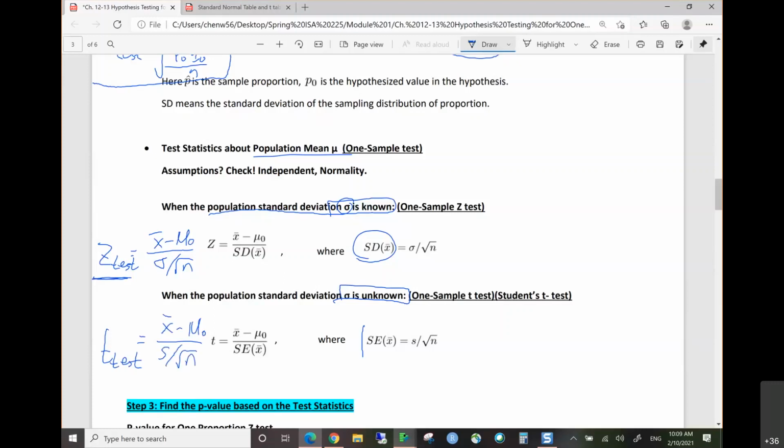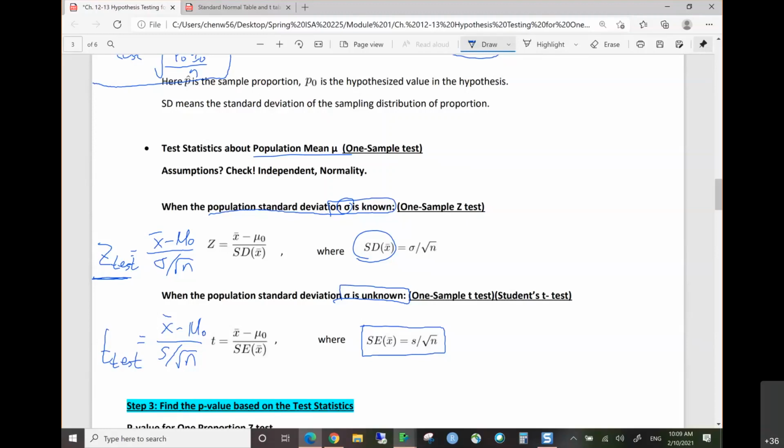That's why we cannot call it the standard deviation anymore. We call it the standard error. Right, in your MyStatLab homework, sometimes they ask for the standard deviation, sometimes they ask for the standard error, right? So don't get confused, right?